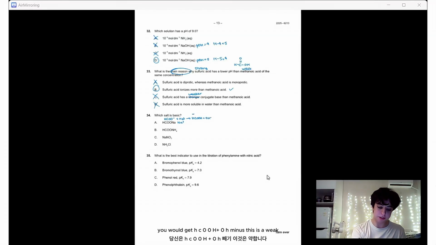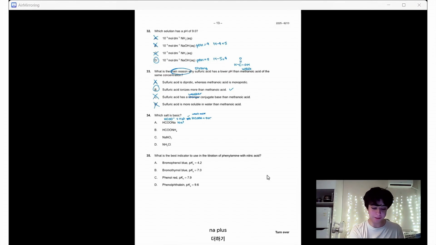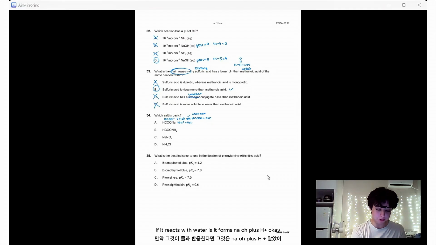This is a weak acid, and this reaction is an equilibrium. Weak acids can exist in an equilibrium, so this will occur. Na plus, if it reacts with water, forms NaOH plus H plus.